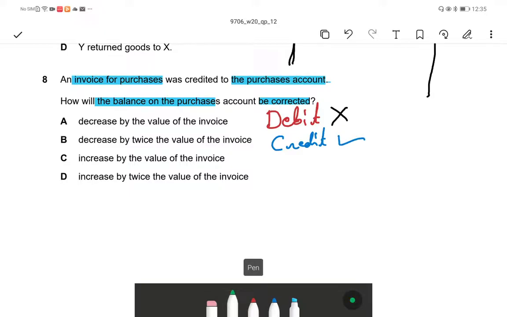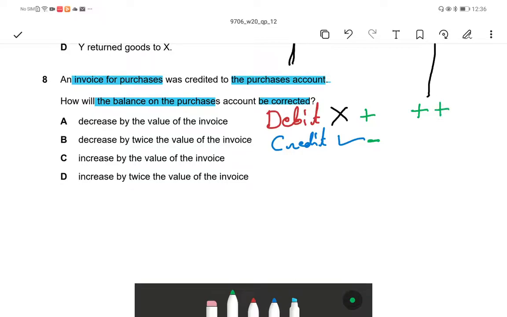How to correct? We have to remove this and we have to add this. Removing credit means you should put it on the debit side. First we remove the credit, which means we add on the debit side. Then we again enter the debit.